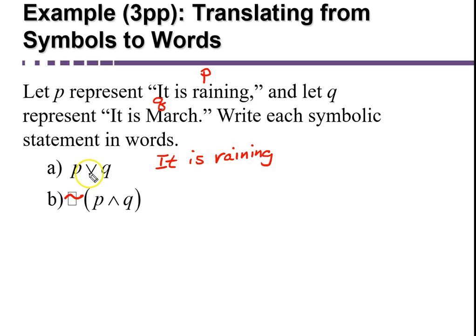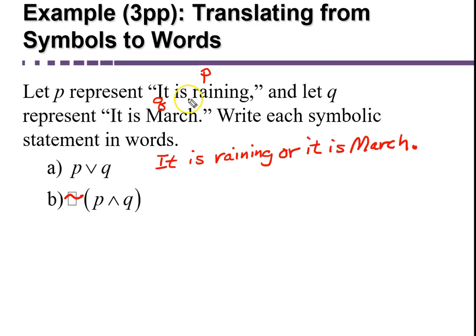Now what does this symbol, the inverted caret, mean? It's the word or. And then we write Q. It is March. And that is for statement 1.